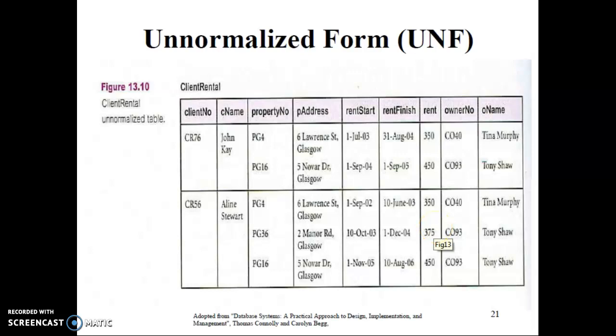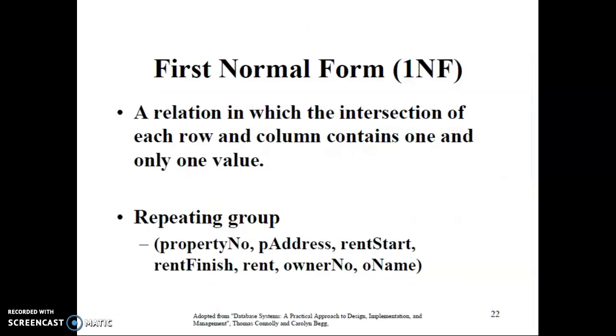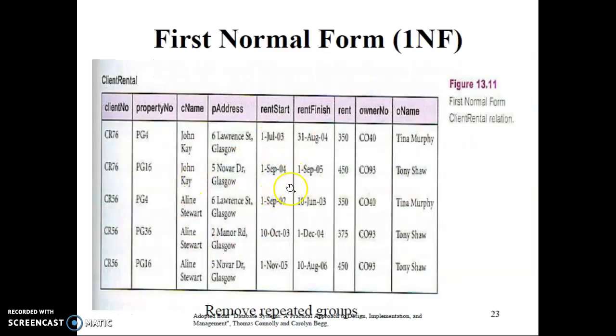This table is then analyzed through several normal forms like first normal form, second normal form, third normal form, and BCNF. This is the initial table we have converted from the forms, called unnormalized form. You can see in the figure that the unnormalized form is transformed into first normal form by removing repeating groups.